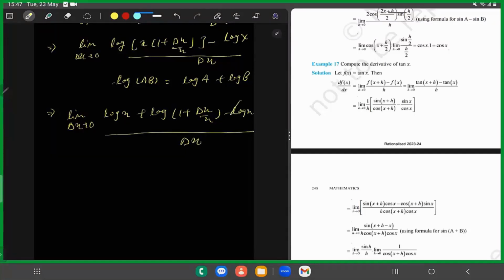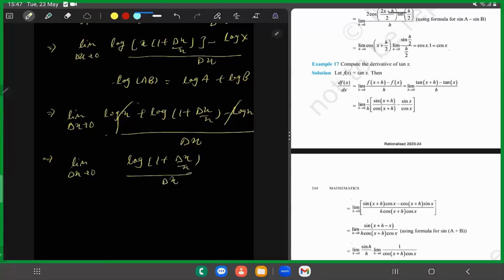So these two terms basically cancel out, and we are only left with limit delta x tends to 0 of log of 1 plus delta x by x upon delta x.